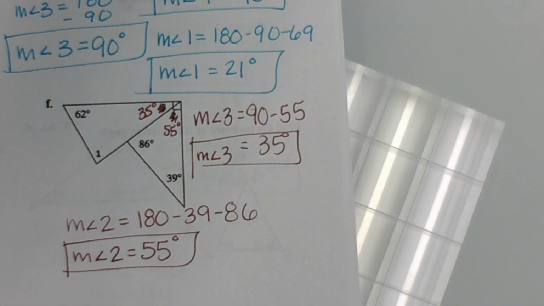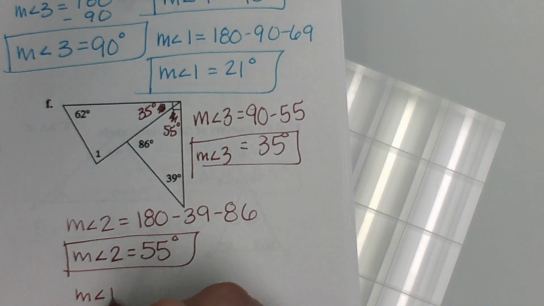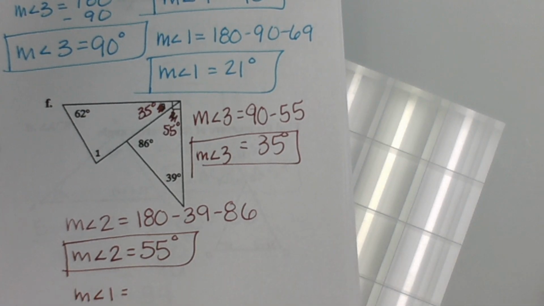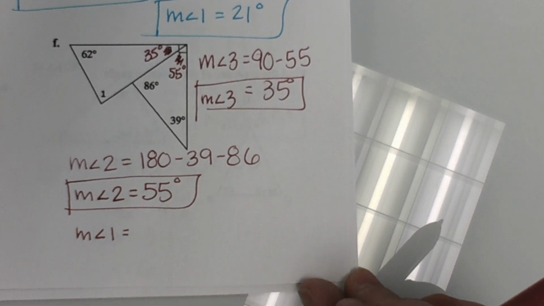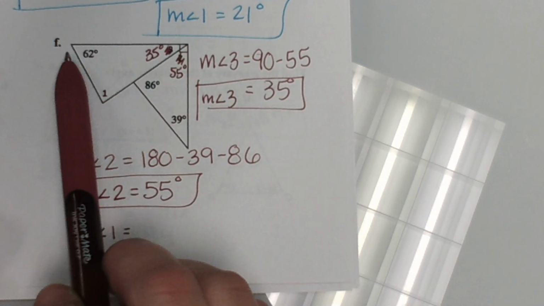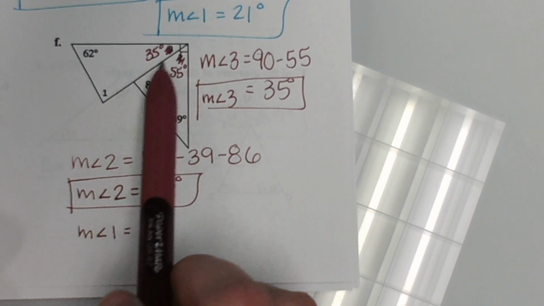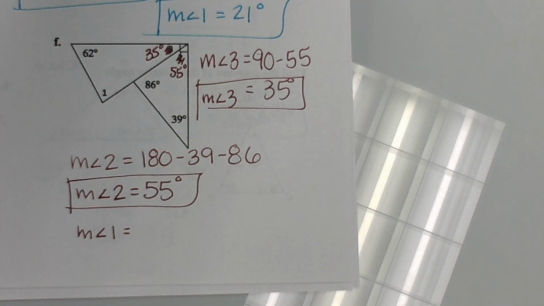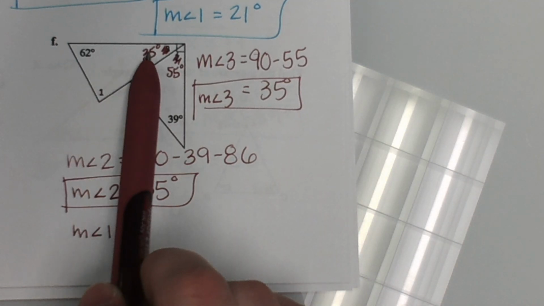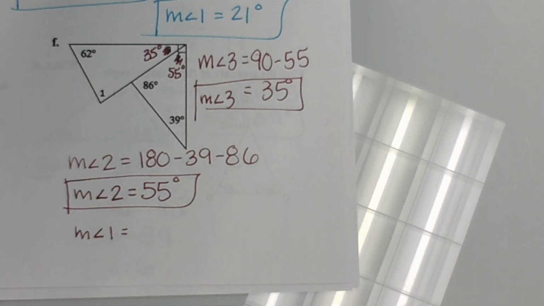Tristan, how could we find the measure of angle 1? Look at this triangle, Tristan. Do you notice that you know 2 of the angles in it now? What do you know about the 3 angles of a triangle? They always add up to 180. So if I take 180 and subtract these 2, that'll get me this one.